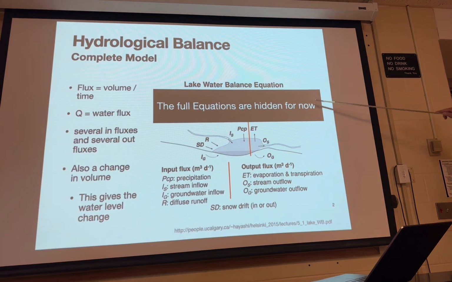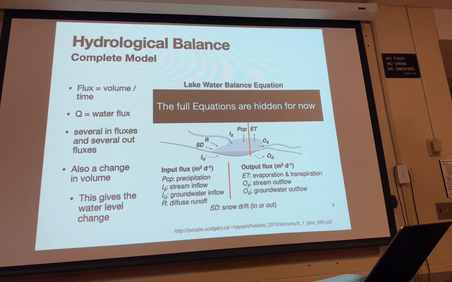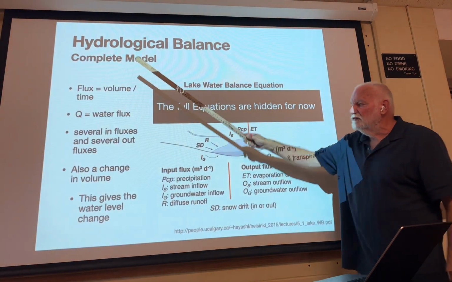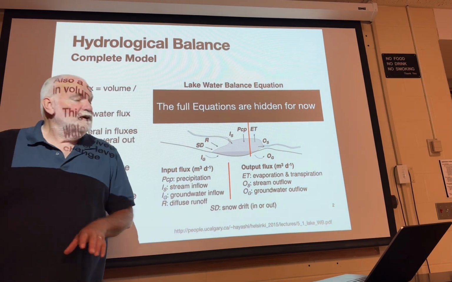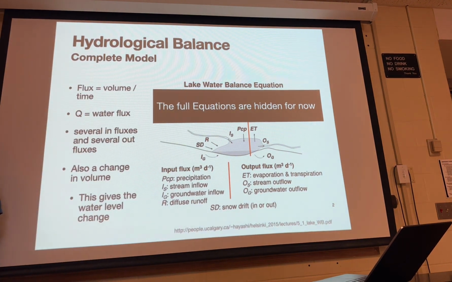And I'm avoiding some of these things, not to scare you off, but there's a concept here we need to talk about: flux. Flux is sort of a volume per some time. And what that means is, if I want to measure, say, a stream, I want to measure how much water is going through that stream for a given unit of time. The measured unit that we'd like to use is meters cubed, and a meter cubed is yay big, which turns out, if you have to drink it, it's a lot of water.